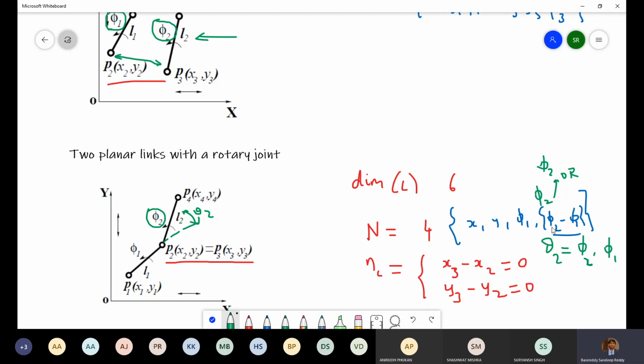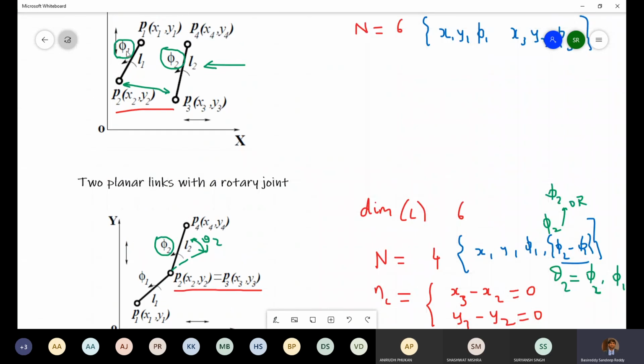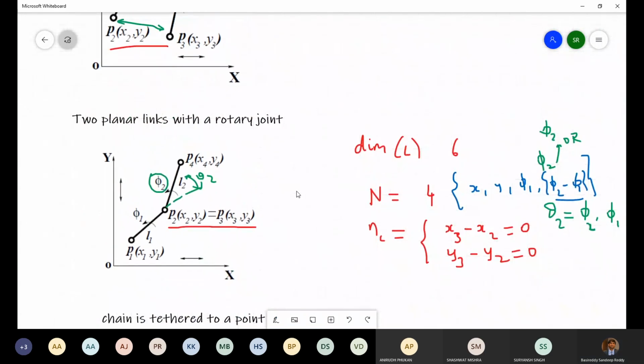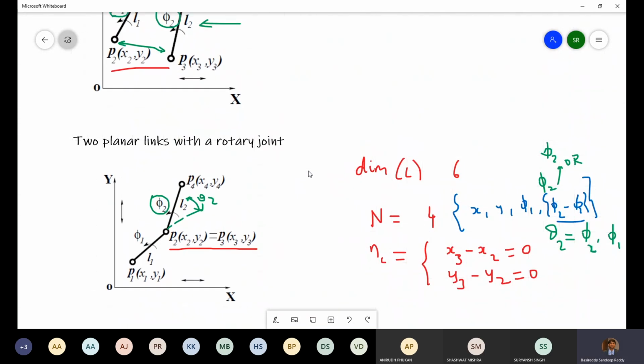So here I am going to write phi 2 minus phi 1, because in the earlier figure, I had defined these two phi 1 and phi 2 as rotations anywhere in the plane of both these links, L2 and L1. Right? So far so good. Yes, sir.